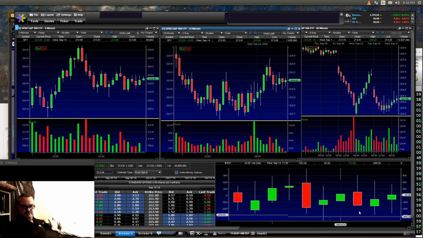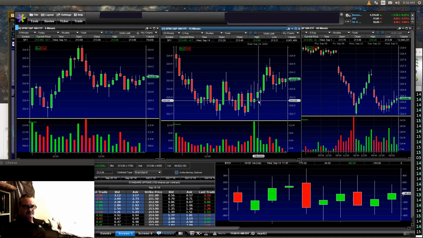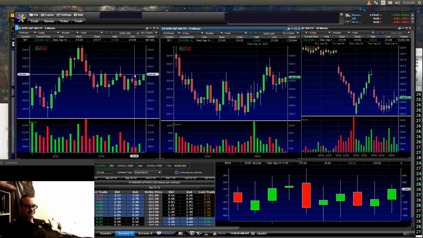Ticks are continually putting in higher lows here, which is matching these higher lows on the 15-minute chart. $0.94, 93 cents. Yeah, here it goes. It's going to push now. So I think it's going to push above this range, and it's going to hold as support.